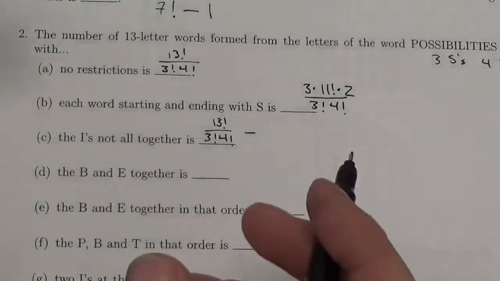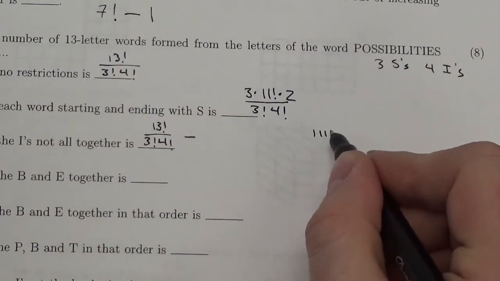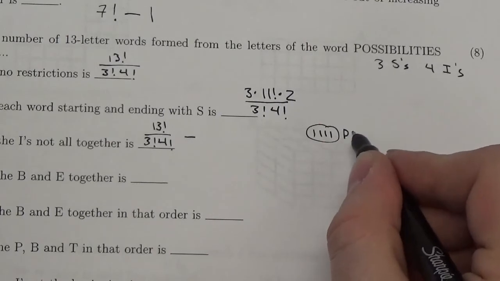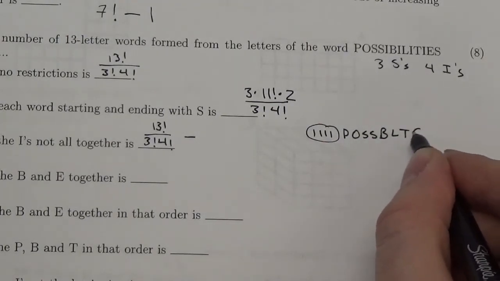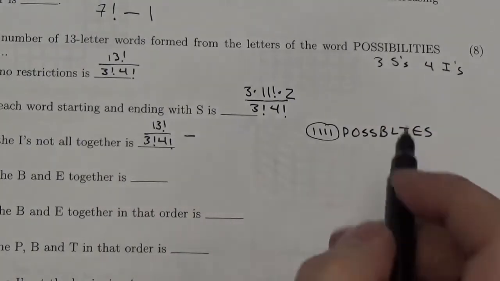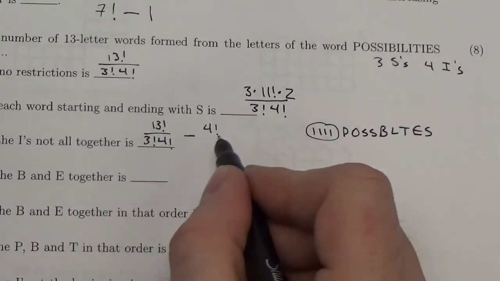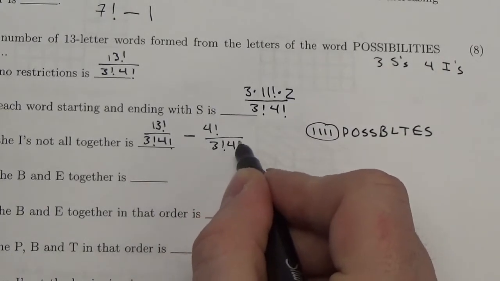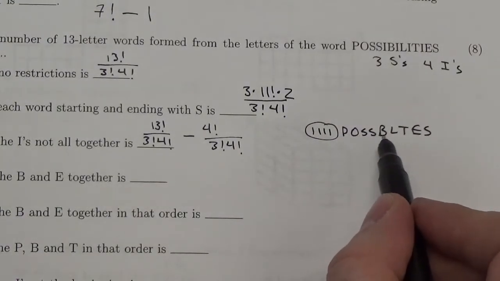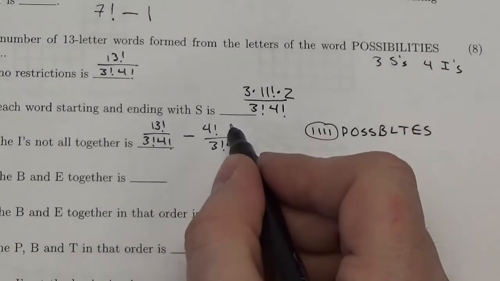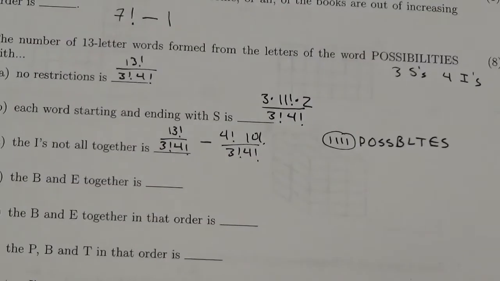If you treat the I's as if they're together, that's one little group, and then we've got P, O, S, S, B, L, T, E, S. Then there are 4 factorial ways I can permute the I's. This is still going to be over 3 factorial times 4 factorial, so you can see some canceling here. And then I've got 1, 2, 3, 4, 5, 6, 7, 8, 9, 10 objects that I would then permute on top of that.